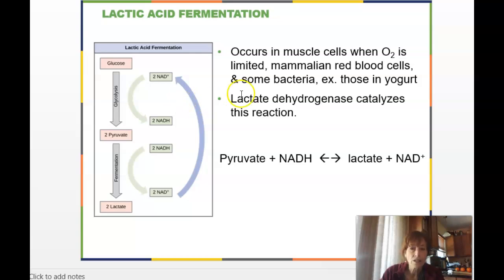This occurs in a lot of areas. It would occur in some bacteria, so this would also happen in prokaryotes, like the bacteria that make yogurt and things like that. And if you're a runner, you can get lactic acid buildup, and that makes your muscles sore.